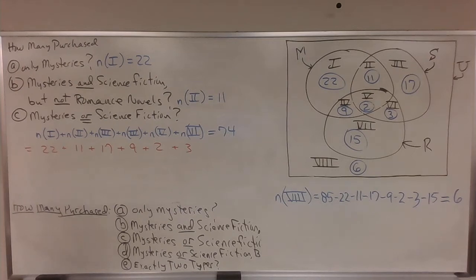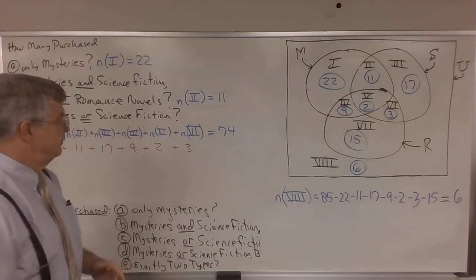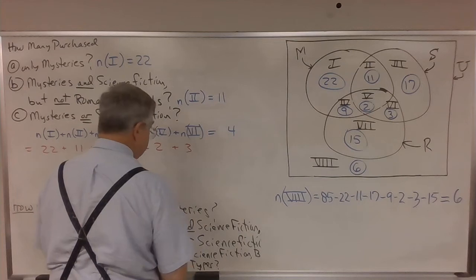I don't like that. Let's see. 33 plus 17 is 50, 59, 61, 64. Okay, I like that so much better.